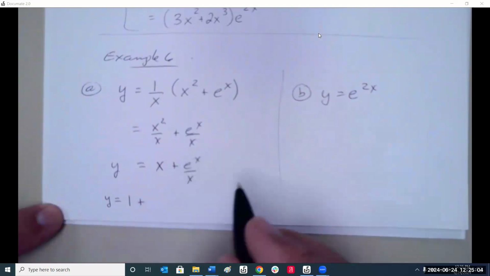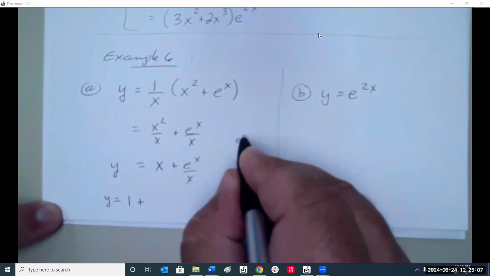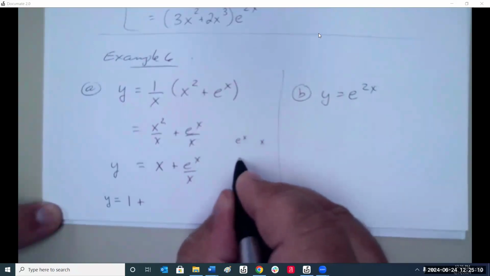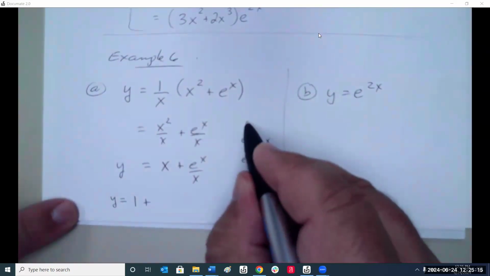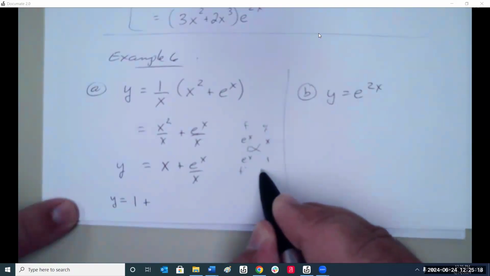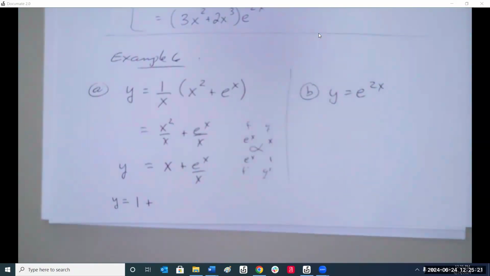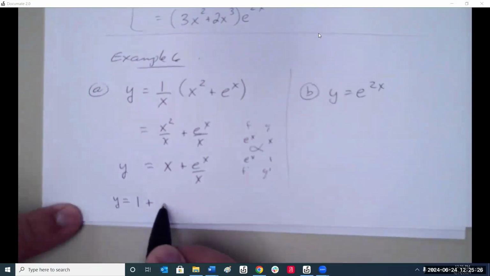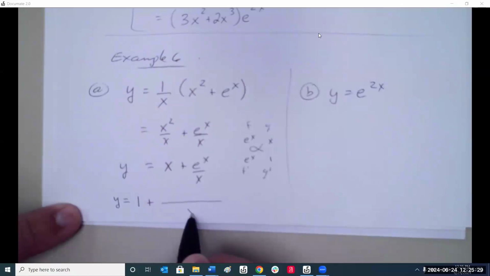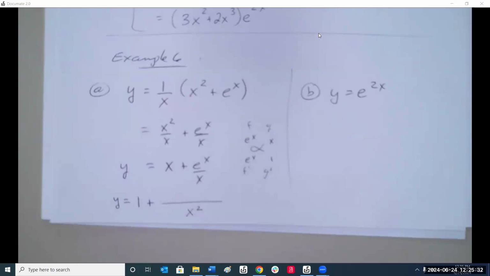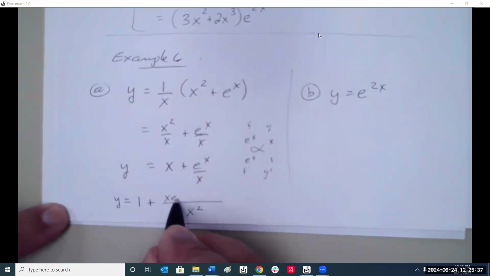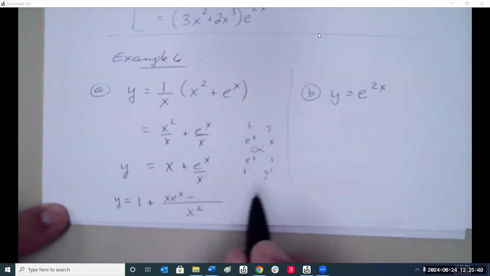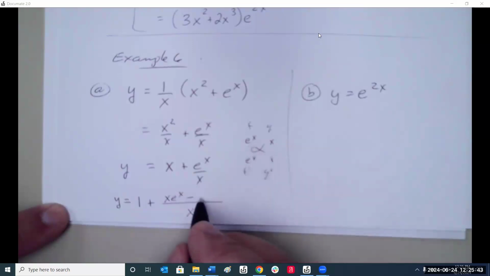Now we're going to do the derivative of this one. We have e to the x times x, e to the x times 1. This is f g f prime g prime. So we're going to have x e to the x minus 1 times e to the x.